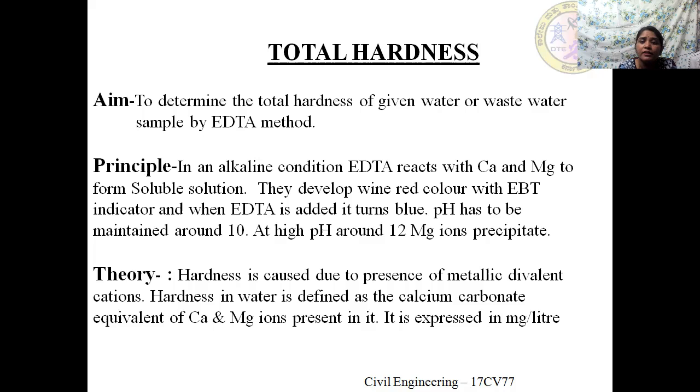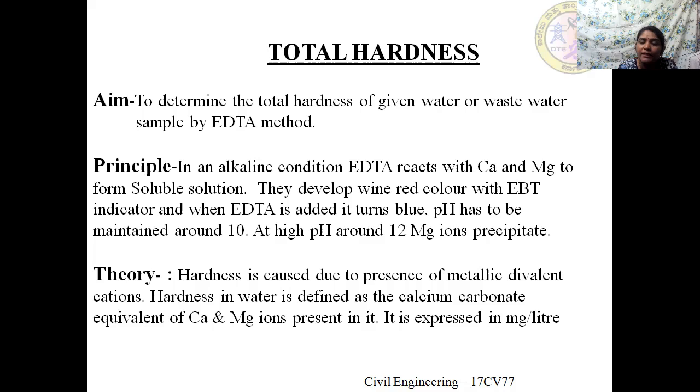Next, depending on the hardness, we have a classification where we say the water is soft, moderately hard, hard, or very hard. When the hardness lies between 0 to 75 mg per liter, we say the water is soft.